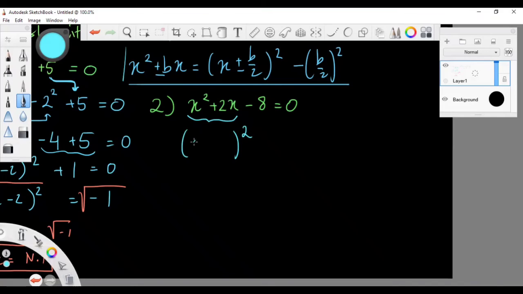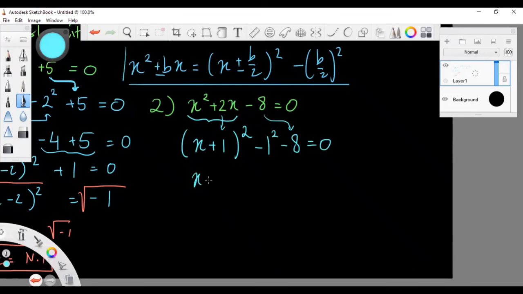And then you put x plus, right? This is plus, so 2 divided by 2 is 1, right? And then subtract 1 square, right? So I just want to erase the arrows so it's more simple to see. And then subtract 8, right? Just continue the equation, equals 0.